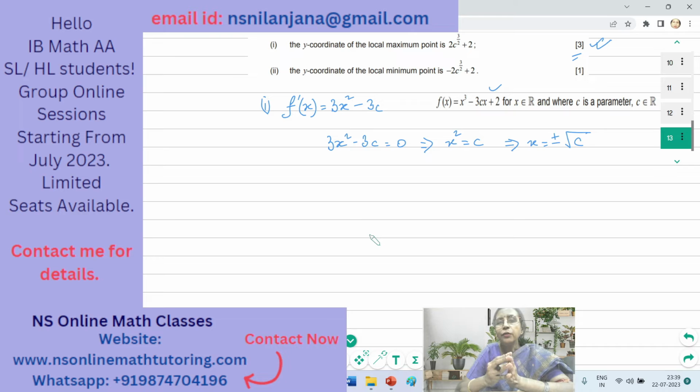In order to find which one is a maximum and which one is a minimum, we have two ways. One is the sign diagram of the f dash, another is the second derivative. But since we do not know the value of c, c is a positive number, but since we do not know the value of c, sign diagram of f dash x will not be helping us in this case.